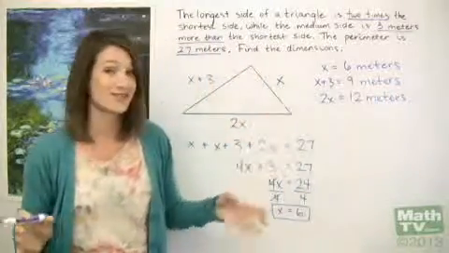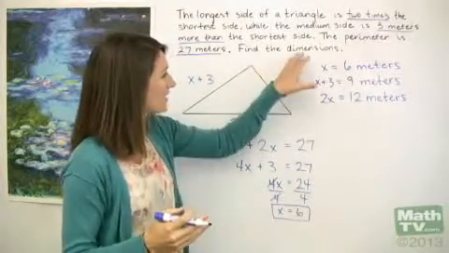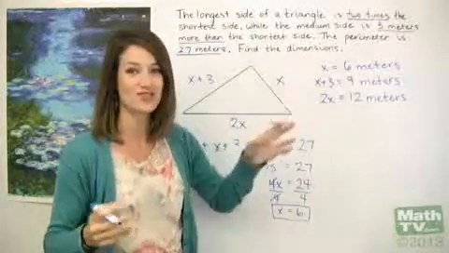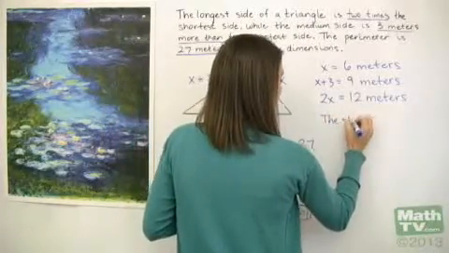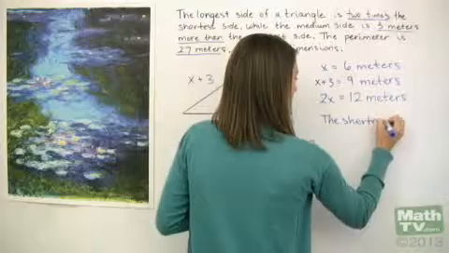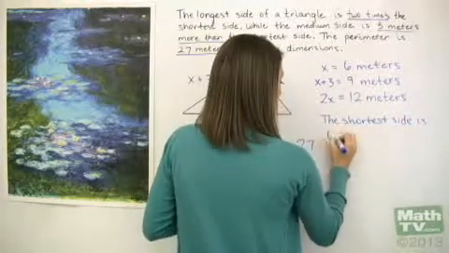So moving on to our fifth step in the blueprint, we're going to write out our answers, which we need to define the dimensions of this triangle. We're going to write those out in a complete sentence. So we can say the shortest side is 6 meters.